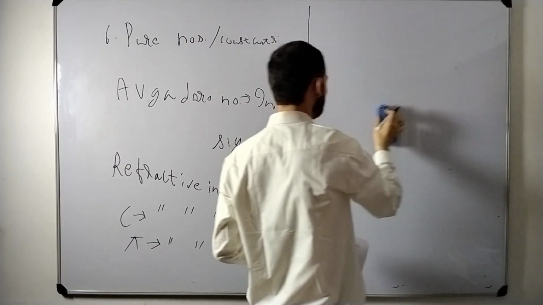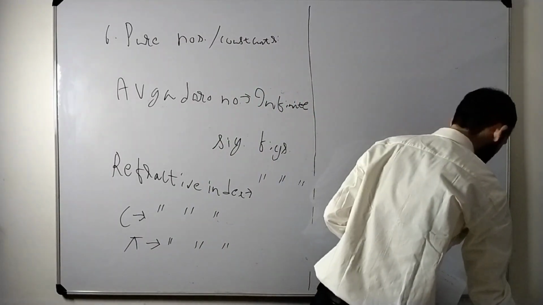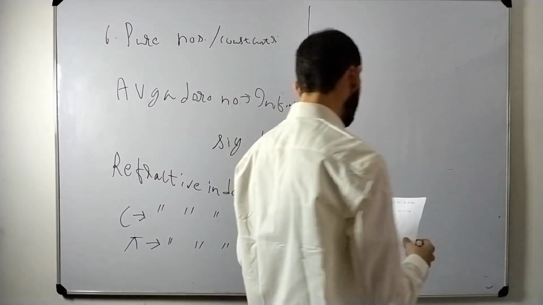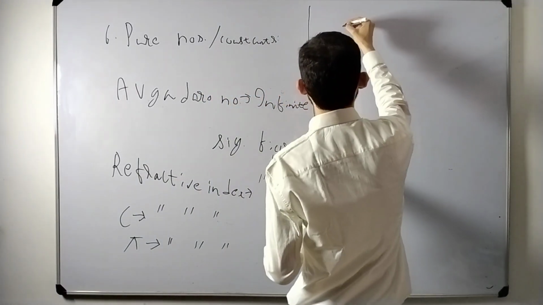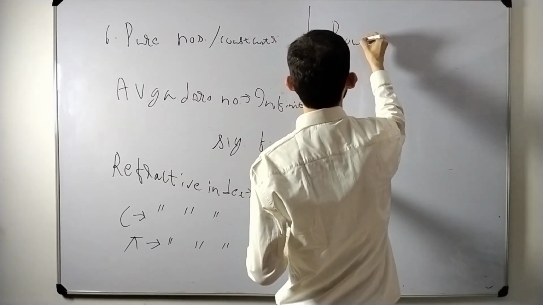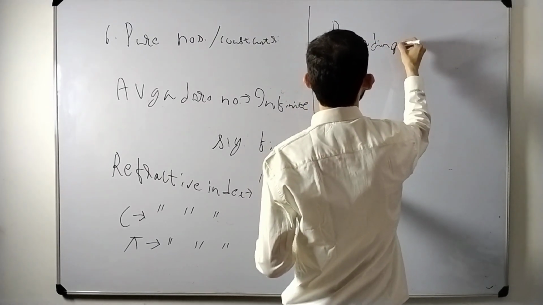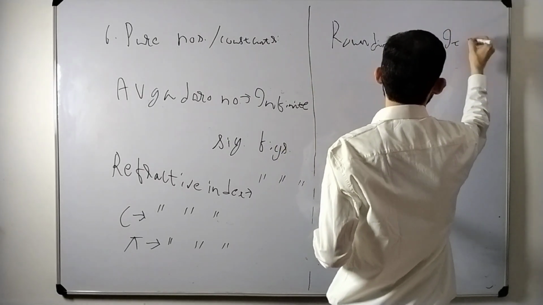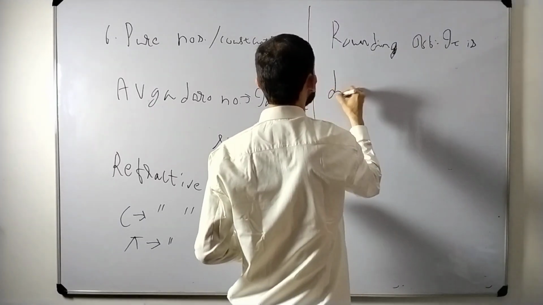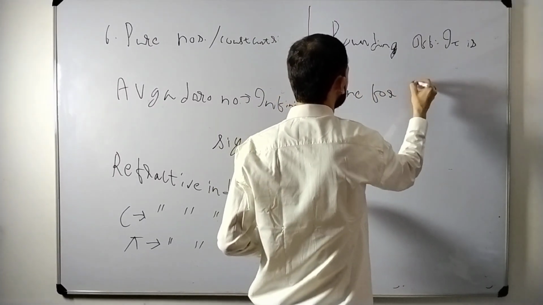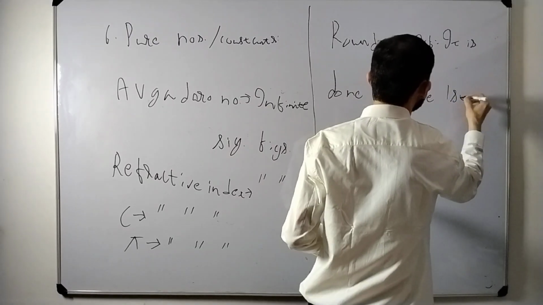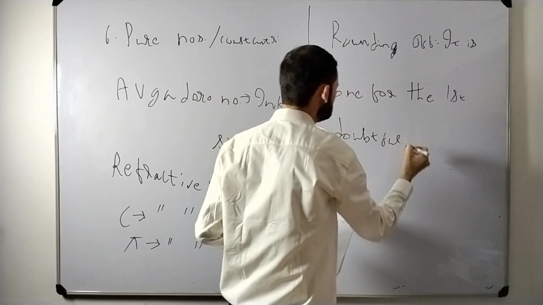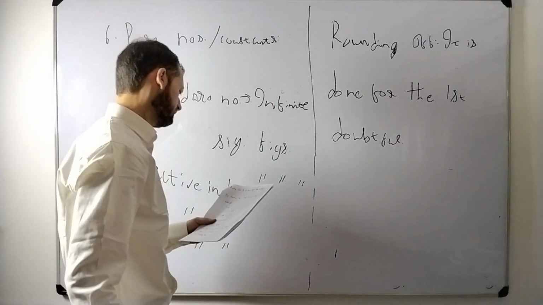It is not like you go around something, but rounding off is done for the first doubtful digit.